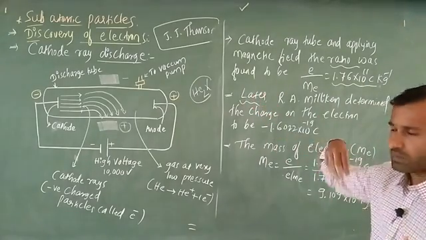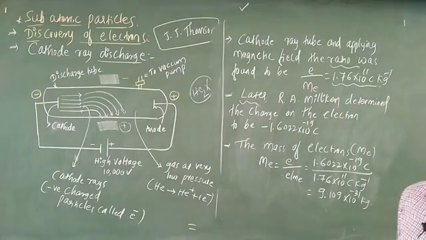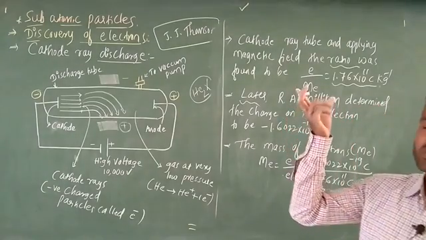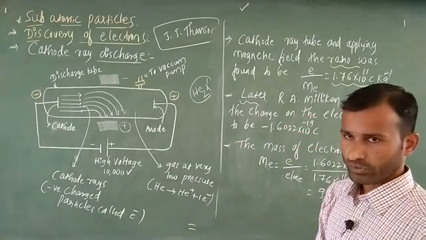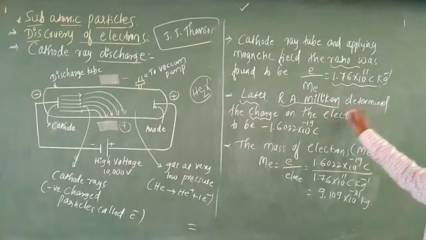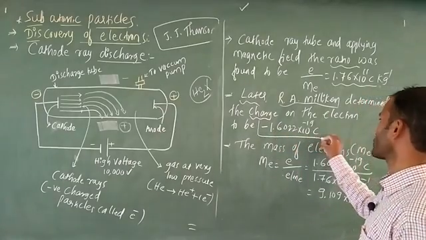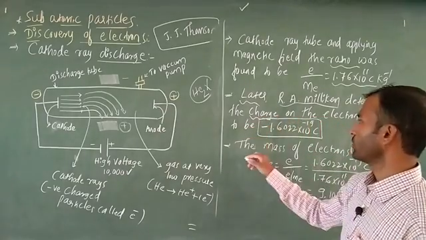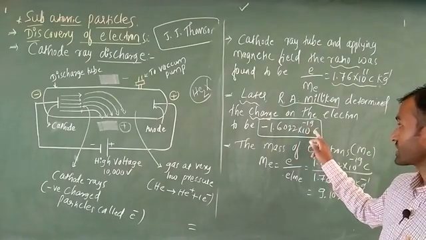Later, after some time, R.A. Millikan determined the charge of an electron. Okay, the electron was discovered by J.J. Thomson. Next one is what is the charge? That is also most important. That's why in this case R.A. Millikan determined the charge of an electron, which is most important. Minus you have to take because the electron is negative: minus 1.6022 into 10 to the power of minus 19 coulomb.